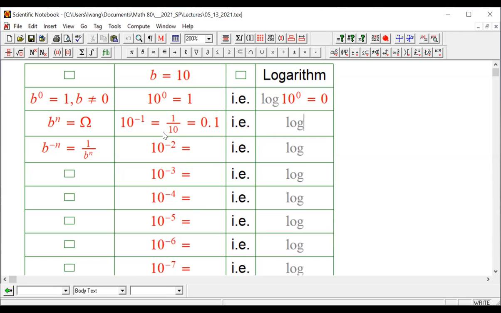So this is the fraction form and this is the decimal form. 1 dime, right? 10 cents, if you're talking about money, but the fraction 1/10 is 0.1.